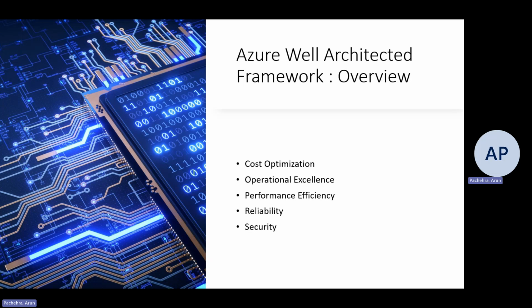All right, so that's cost. Next is operational excellence, and the goal of operational excellence is to ensure operational processes that keep a system running in production. Whatever architecture you're preparing, we need to think with the mindset that it is well operated, which is directly connected to automation and DevOps practices.